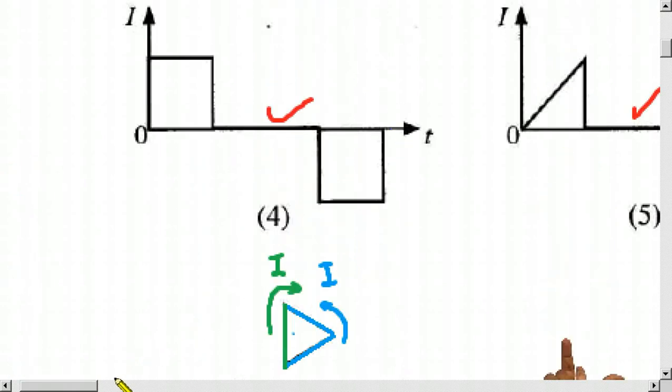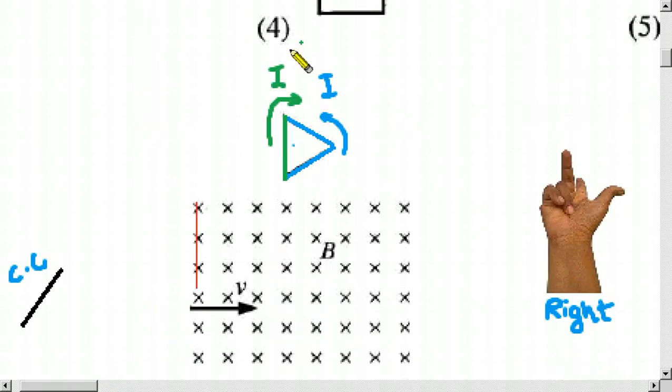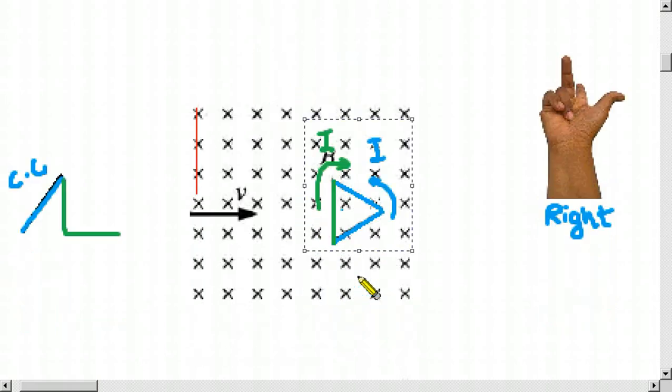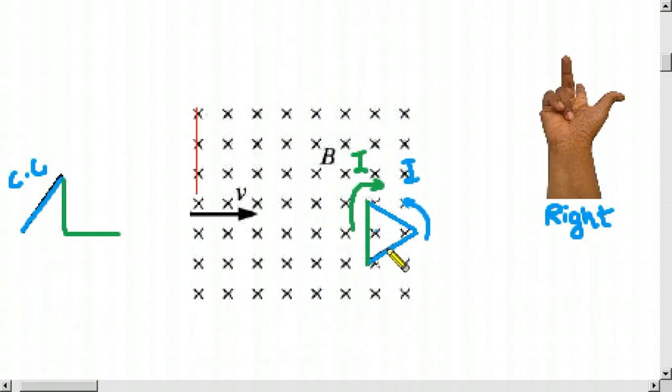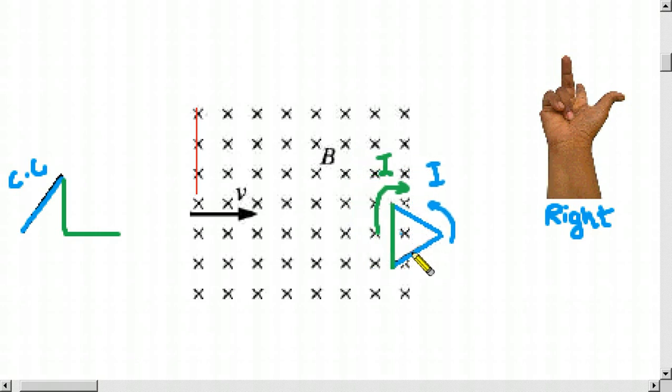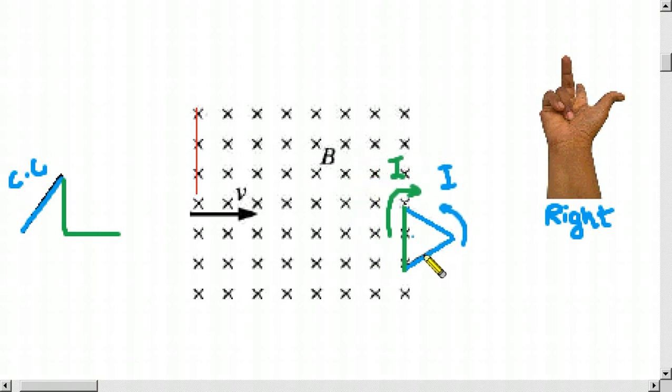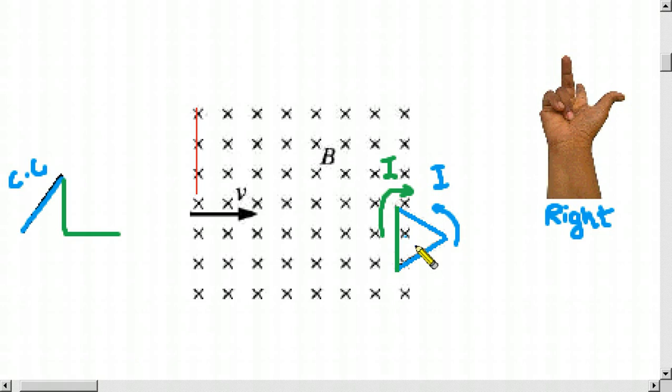Therefore the graph is so. This one I use this color, and as soon as this one enters, the graph is like this, 0. Then what happens? This one is leaving this magnetic field like this, little by little. Now the green color wire is still generating current because it is in the magnetic field.